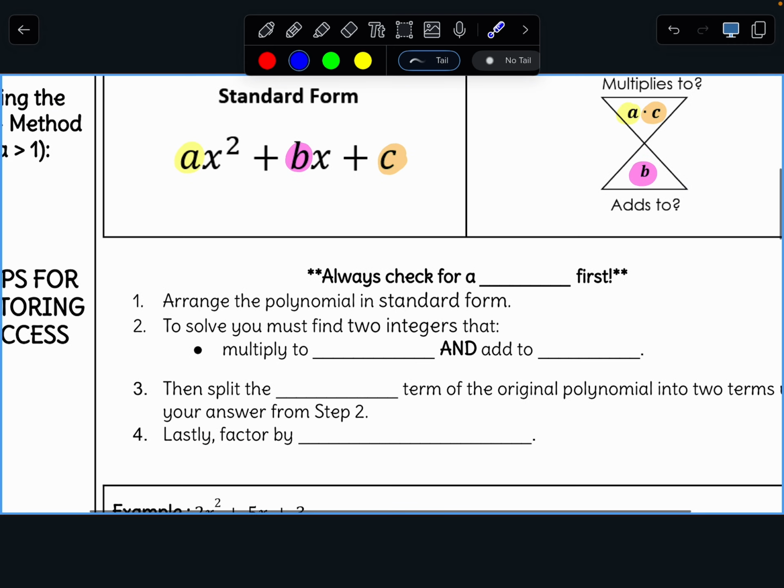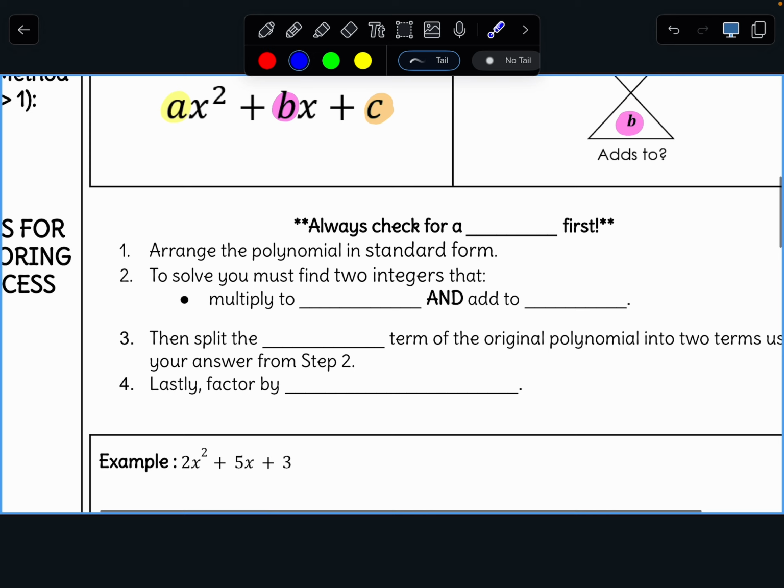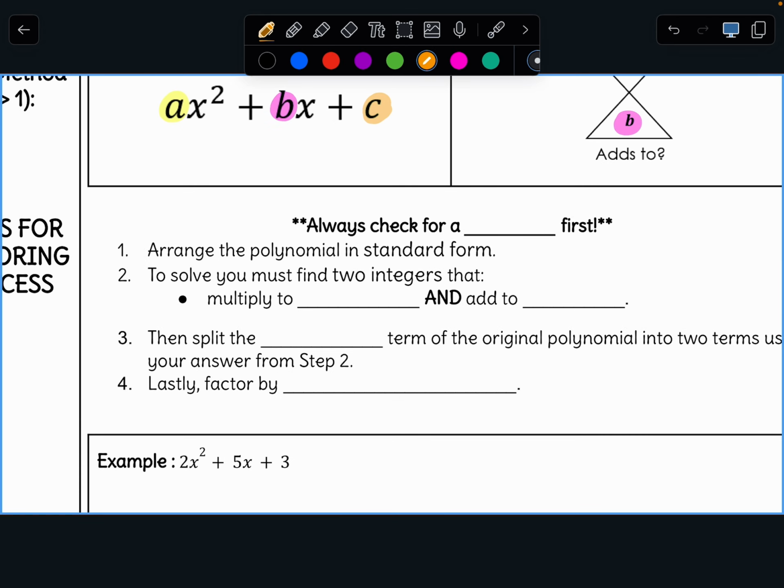So, just like yesterday, the steps for doing this. First, we look for a GCF. If I can divide everything by 2 or 7 or something to make the numbers smaller so they're easier to deal with, we want to do that. You want to use your blue card to find the factors. If you can't do it quickly, this is an easy way to do that. And it's all the way through 100.